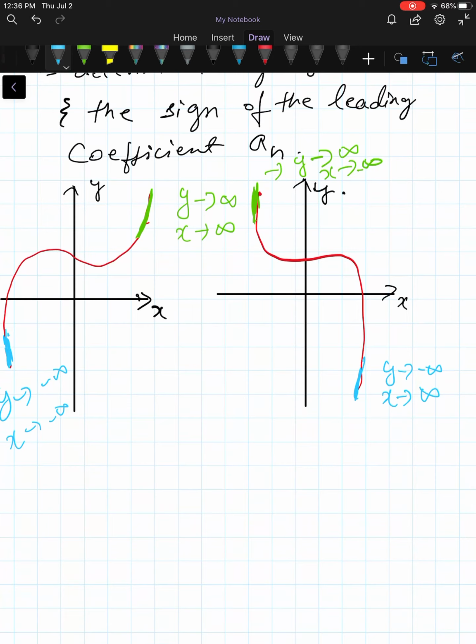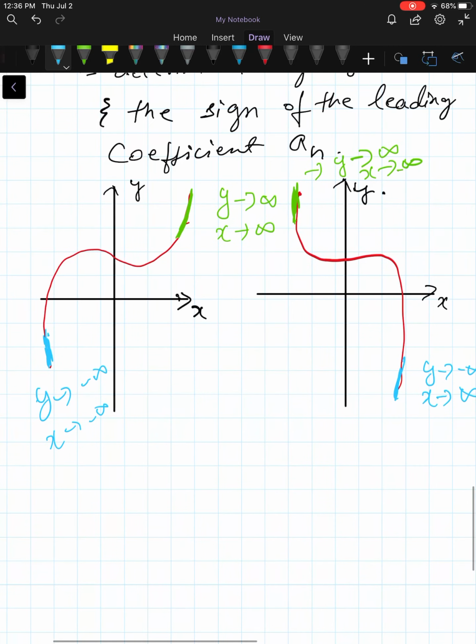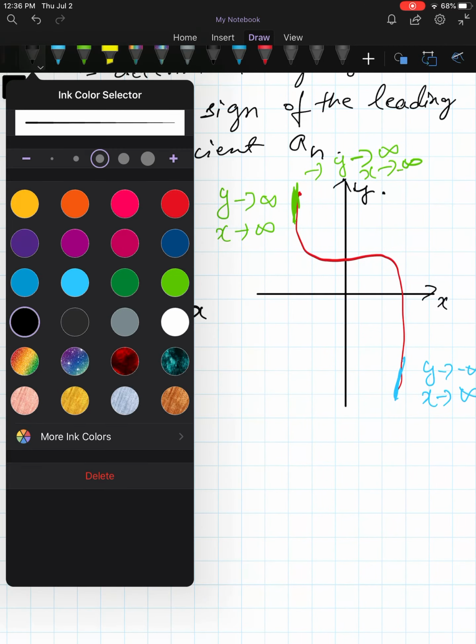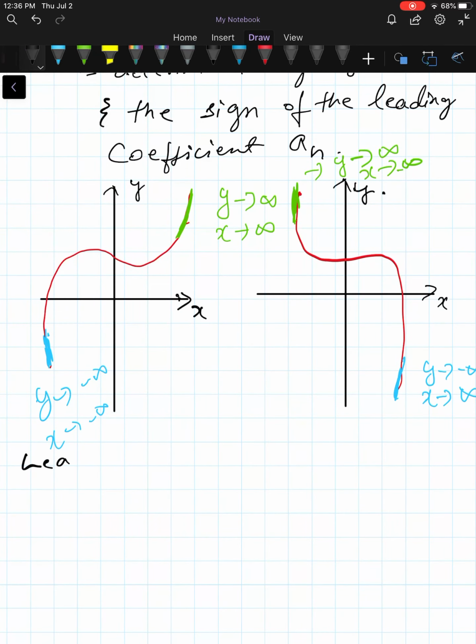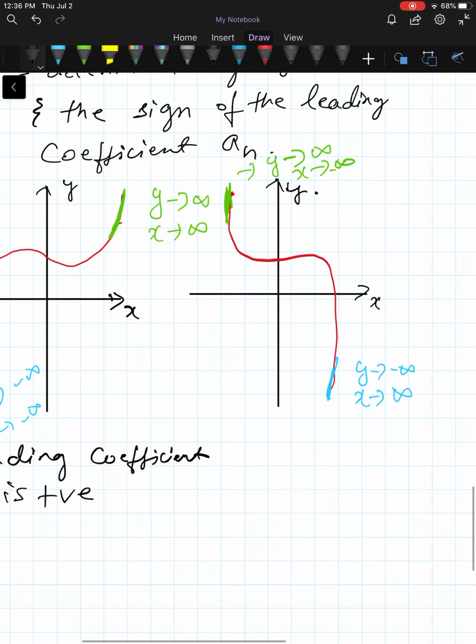Okay, because the graph is in the third quadrant. So in the first case, the leading coefficient is positive, and in this case, the leading coefficient is negative.